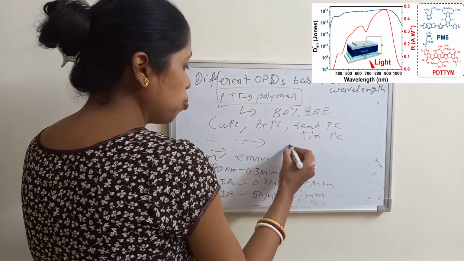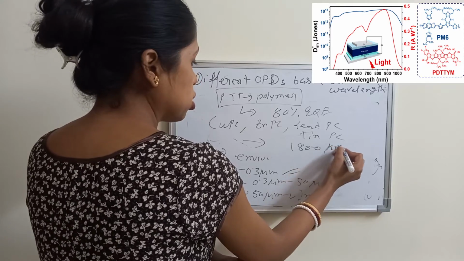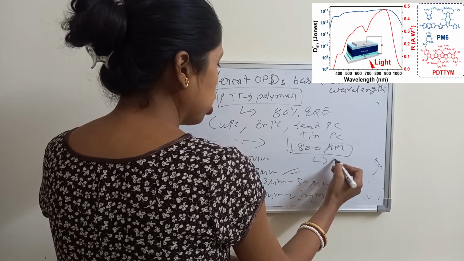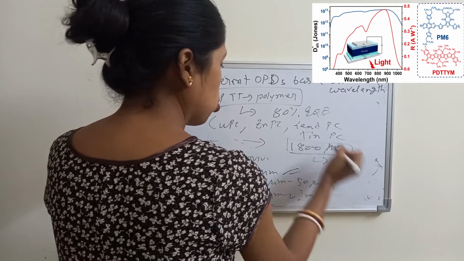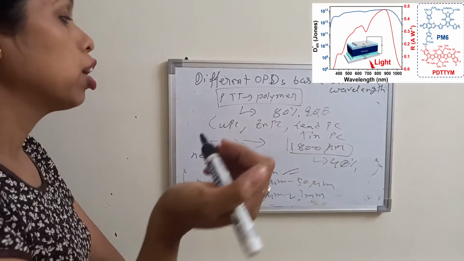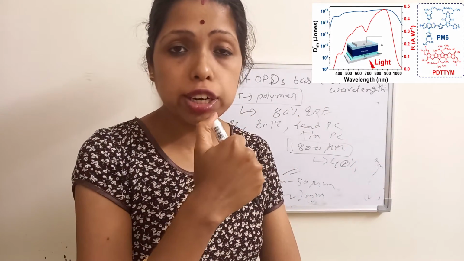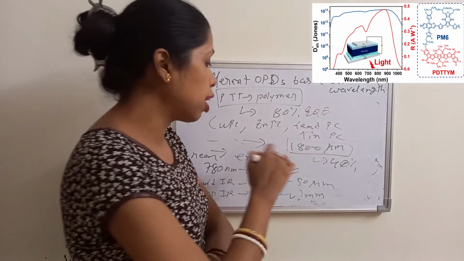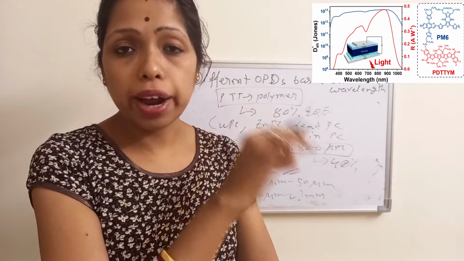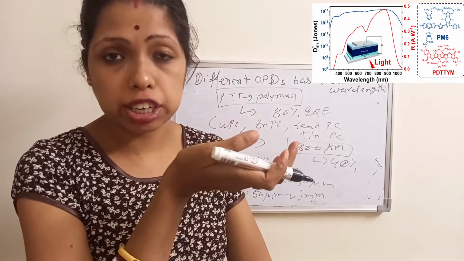The maximum photoresponse spectrum was observed up to 1800 nanometer with an efficiency of almost 40%. So by using lead phthalocyanine, zinc phthalocyanine and tin phthalocyanine, we can achieve infrared photodetector response, and up to 1800 nanometer response has been achieved by near infrared organic photodetectors.